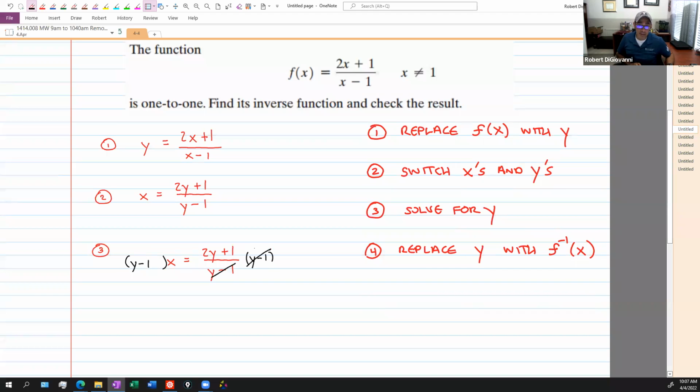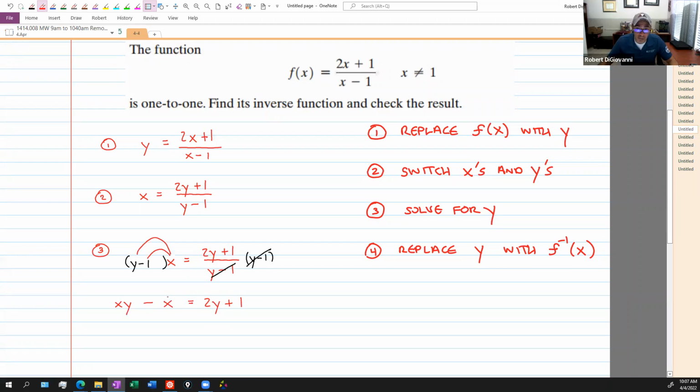We won't have the fraction anymore on the right. So on the right, we'll just have 2y plus 1. That's all good. But on the left-hand side, we still have y minus 1 times x. So I'm going to distribute the x through. Now I have x times y minus x.